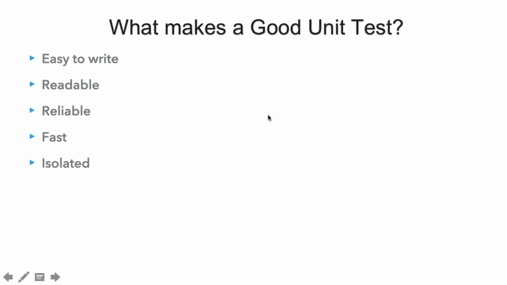If they are consuming much time, then the unit tests are no longer fast. Therefore, whenever you want to unit test a particular class, that class should be isolated from the external factors so that we can test that class by our unit tests, and those unit tests run fast, are reliable, readable and easy to write. So friends, these are the few characteristics of a good unit test.